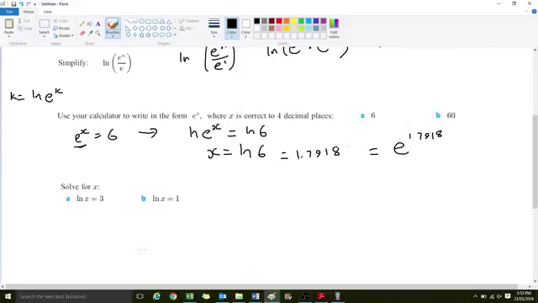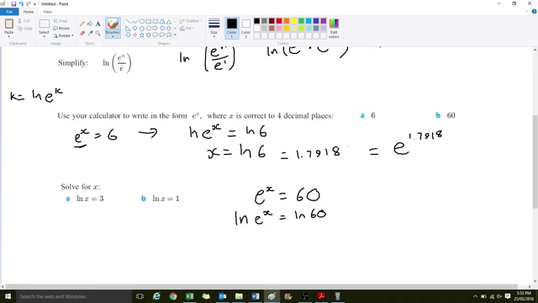We're then asked to do that with 60. So we're going to do the exact same thing. We have e to the power of x is equal to 60. What is the value for x? Again, we're going to apply the natural logarithm to both sides. So we have ln of e to the power of x is equal to ln of 60.